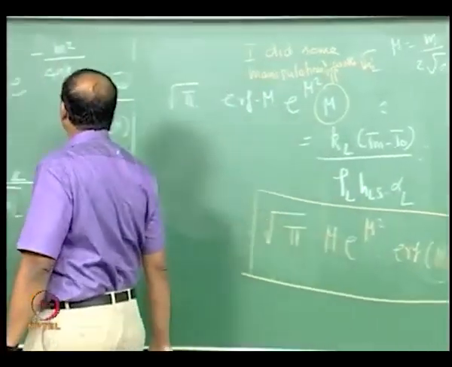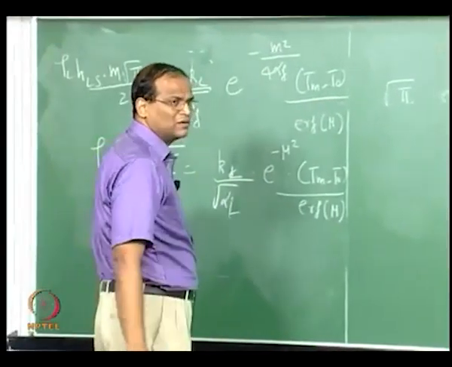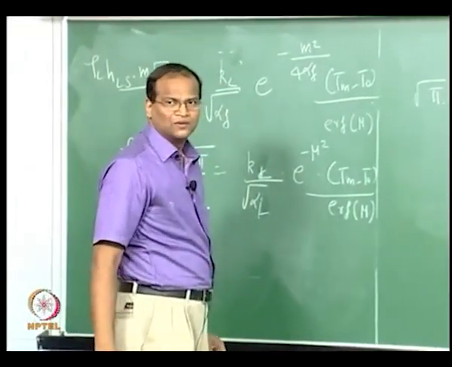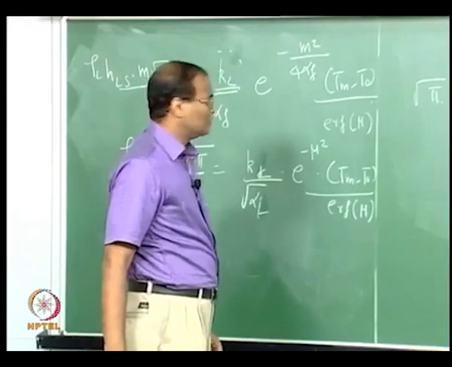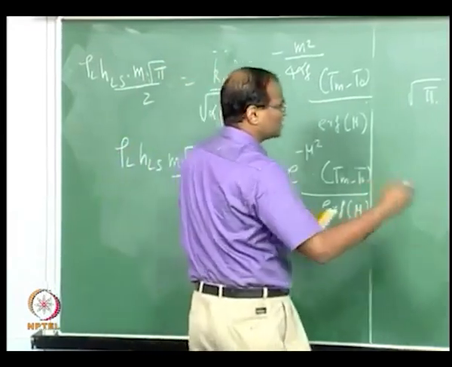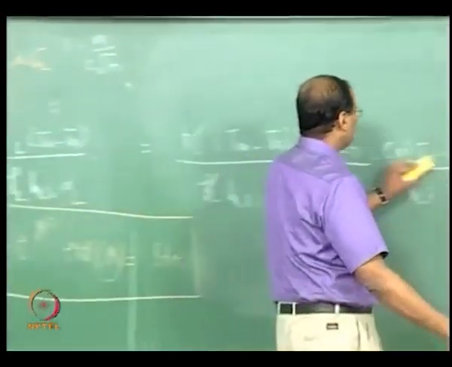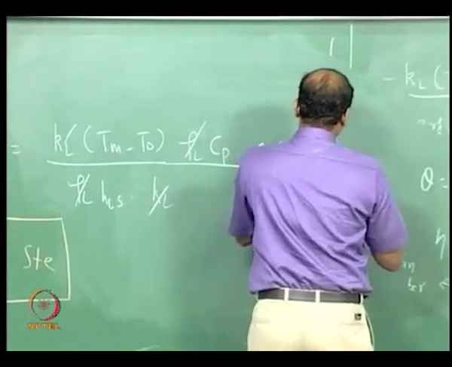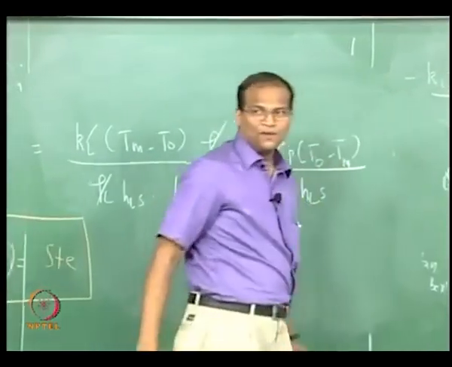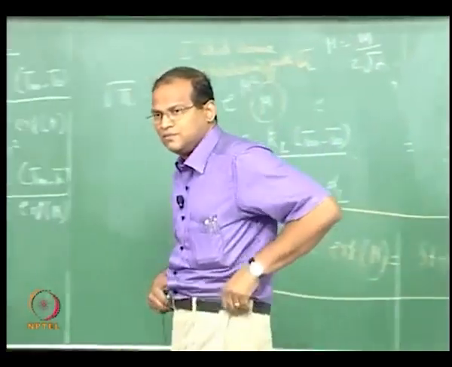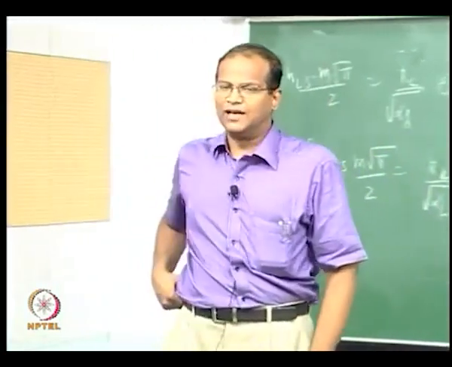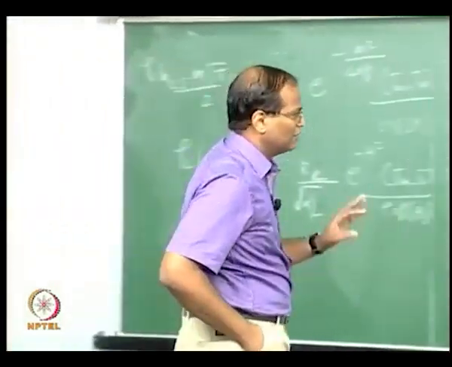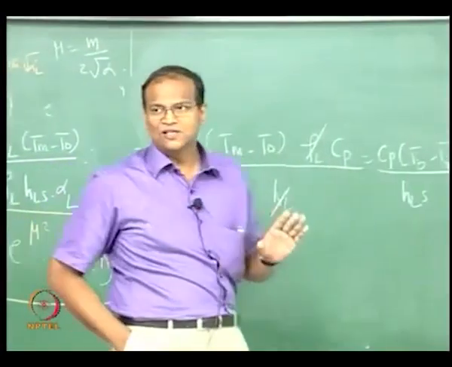Throughout I am writing T naught minus Tm or how? So it should be T naught minus Tm, okay, somehow you adjust that, because otherwise Tm minus T naught will be negative, okay. So this solves this Stefan problem.